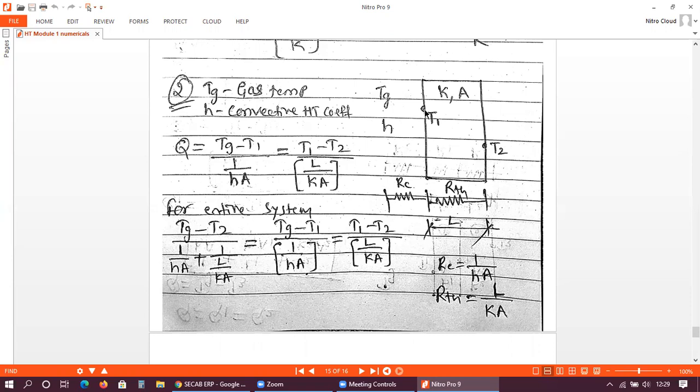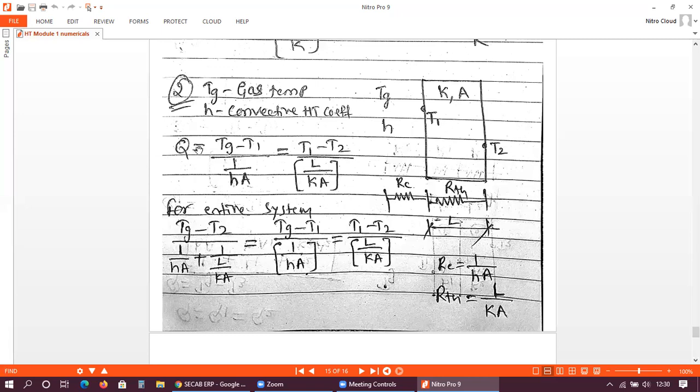Now heat transfer will take place from the left surface of the wall to the right surface of the wall, right? This wall has thermal conductivity K, area A, and thickness L, and it offers a thermal resistance RTH.